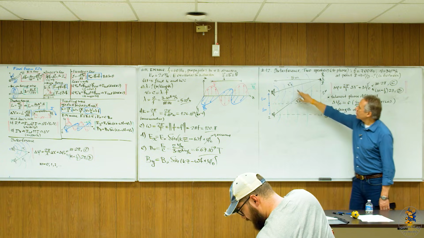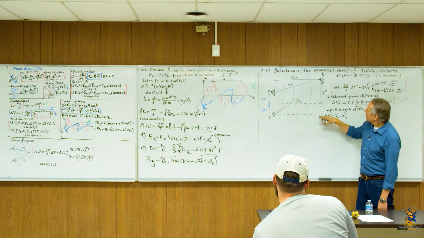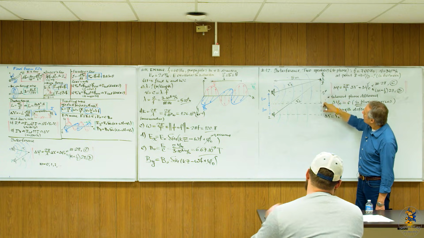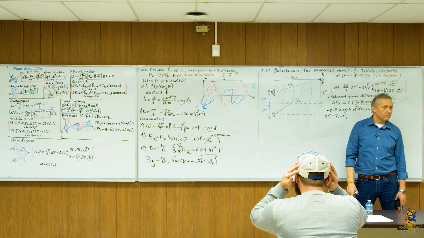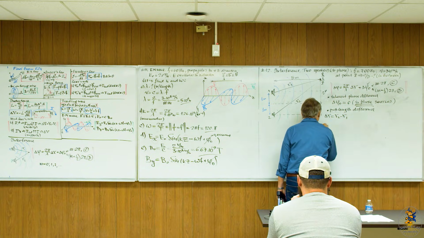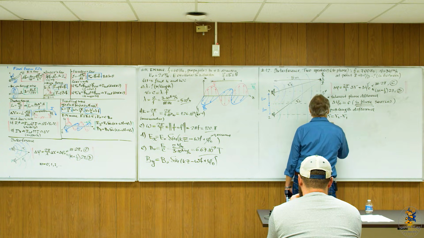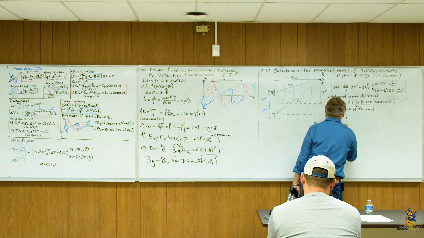So R2 will be what? This is 5, and then this is 1 and then 2, so it will be 3. So R2 equals the square root of 5 meters squared plus 3 meters squared.